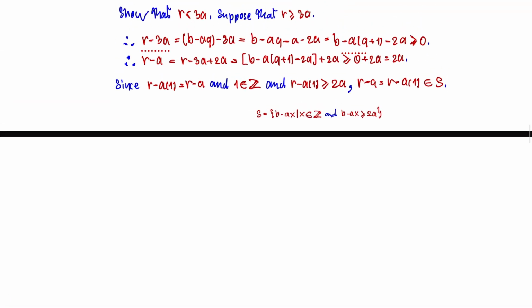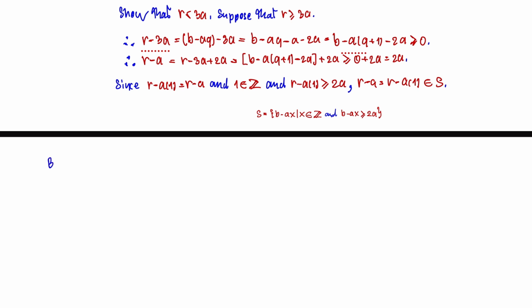Alright, what can we do next? This means that R minus A is in set S, right? But we have R, which is the minimum element.